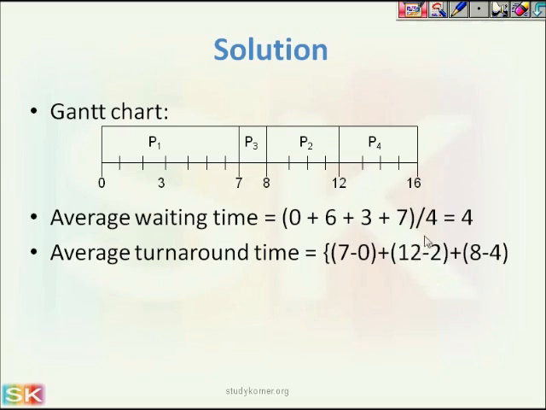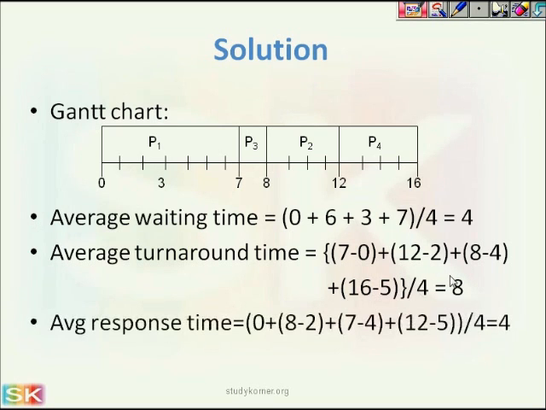So its turnaround time is 12 minus 2, plus for P3 completed at time 8 and submitted at time 4. So 8 minus 4, then P4 is completed at 16, submitted at 5. So 16 minus 5, divided by 4, is equal to 8.